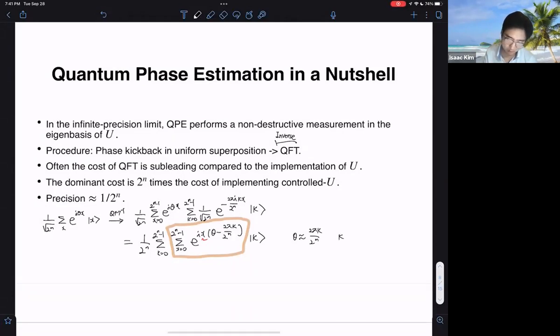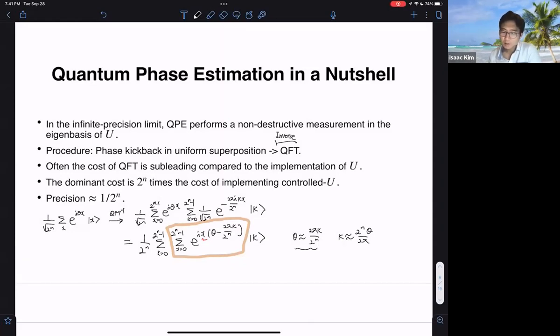That means the k with the maximum probability is roughly 2 to the n times theta divided by 2 pi. And k must be an integer by construction, so the larger the n is, the better the approximation you get for this angle theta. That's the basic idea behind quantum phase estimation.